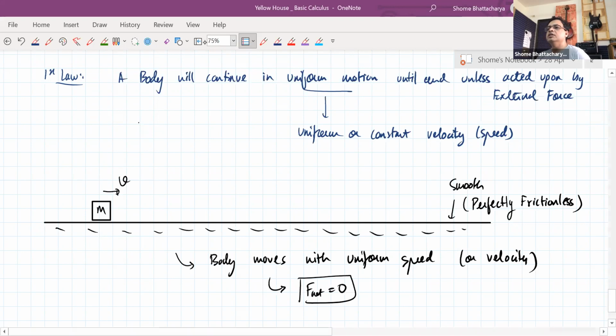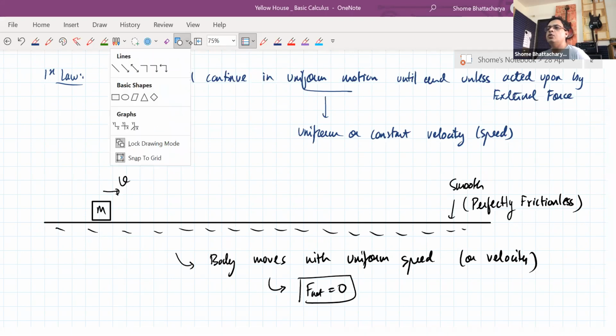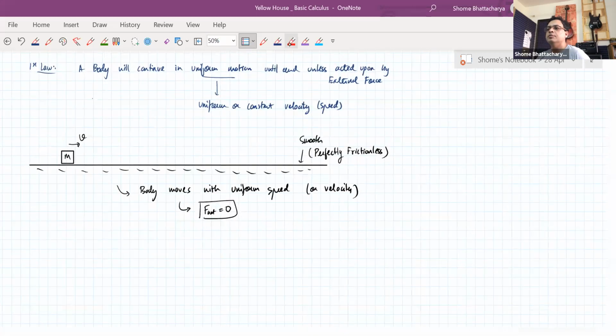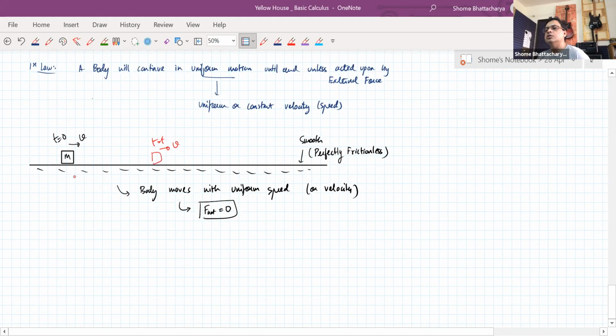So in this case, when we visualize the distance traveled by the body with respect to time, let's say this is where the body was at t equal to 0. After some time t, it has reached here. But during that motion, the speed is constant. So you can see that the distance as a function of time is becoming speed into time.